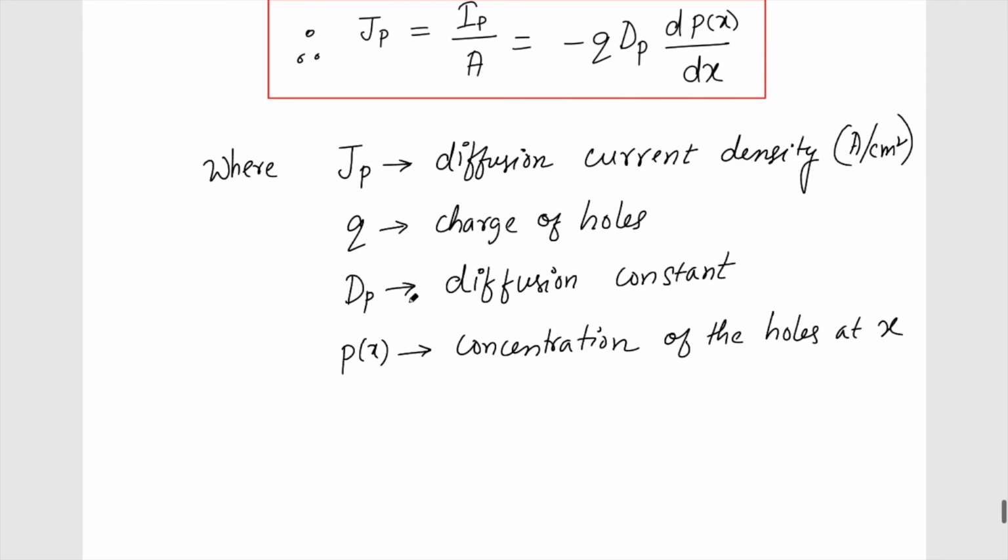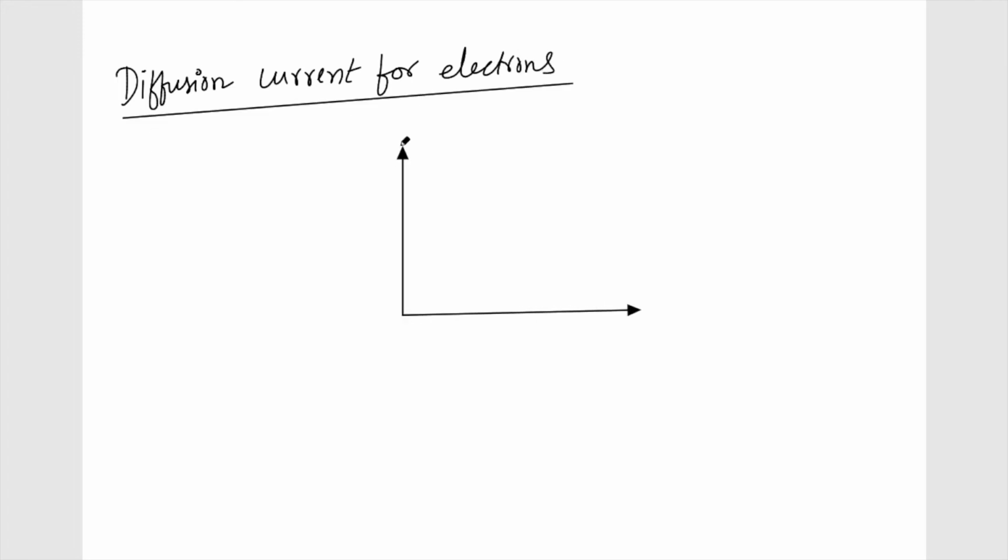So just like for these holes, we can get the diffusion current for the electrons as well. Again, this is the concentration profile of the electrons, and it is represented by n(x). And of course, the electrons also will move from higher density to lower density.